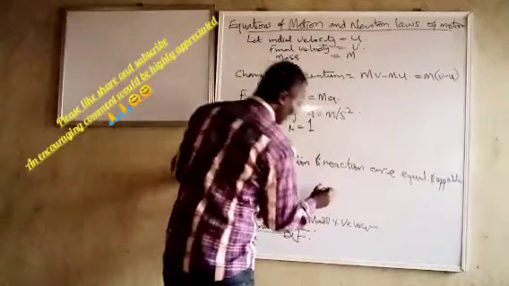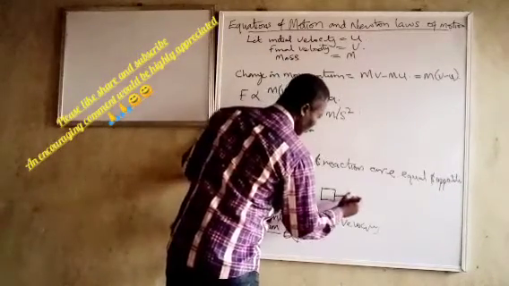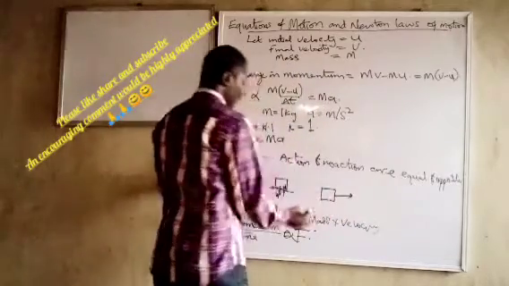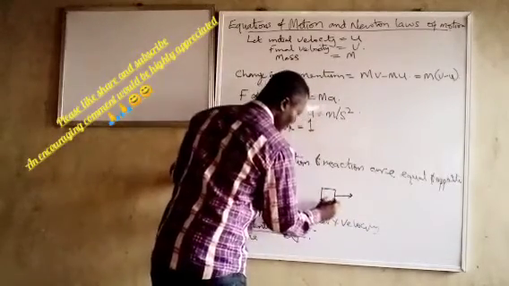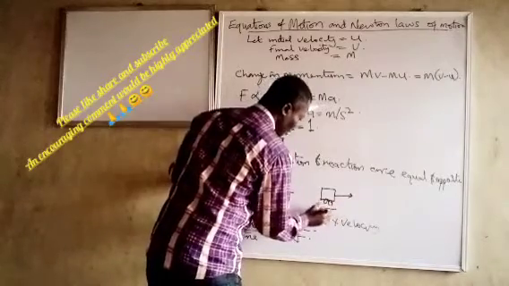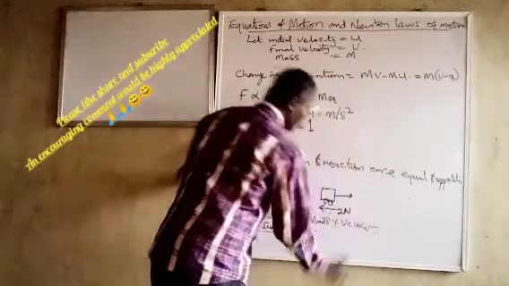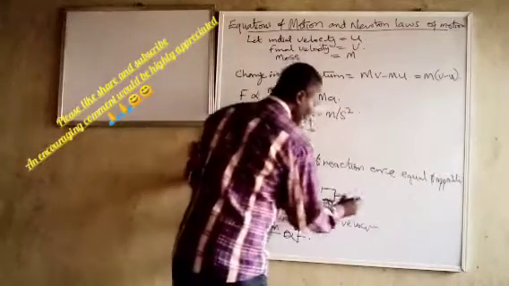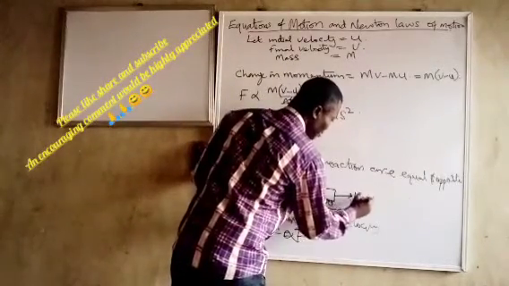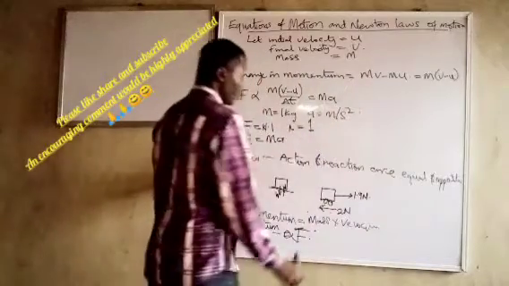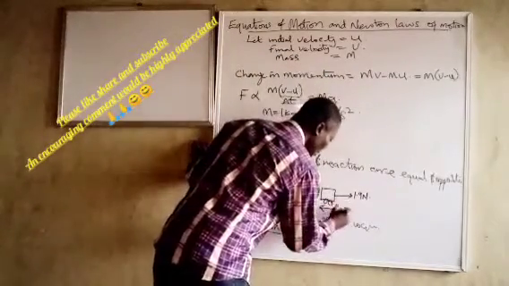Let's look at another body now. Somebody is pushing a cart. And this cart has a resistive force, let's say frictional force of 2 Newton. If somebody applies a force of 1.9 Newton, this frictional force will still be 1.9 Newton.